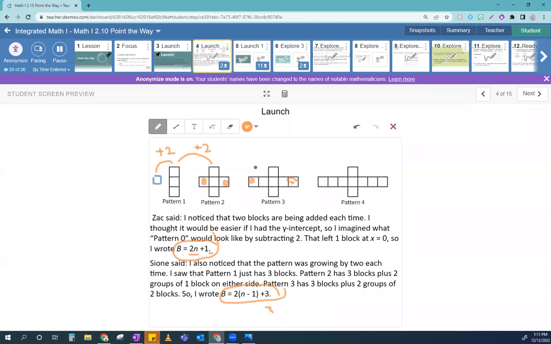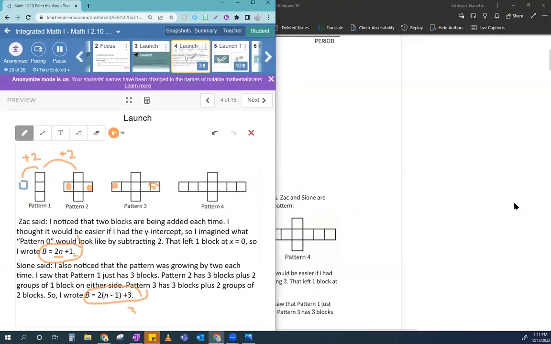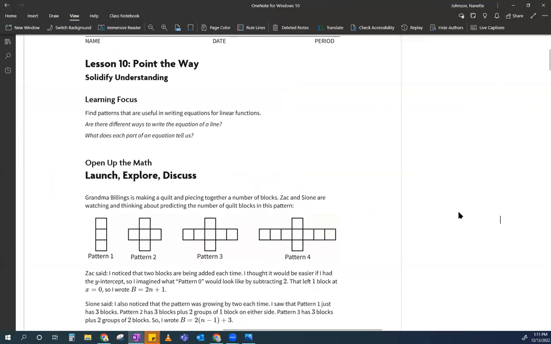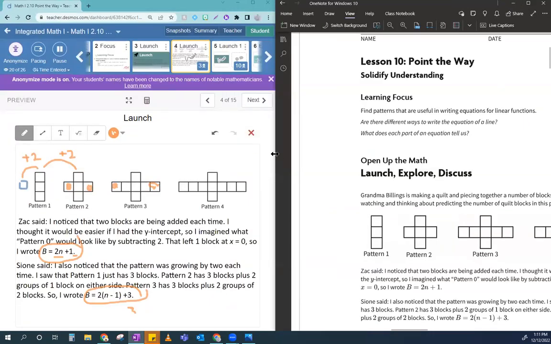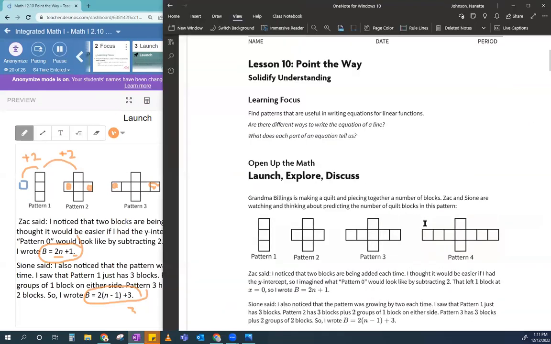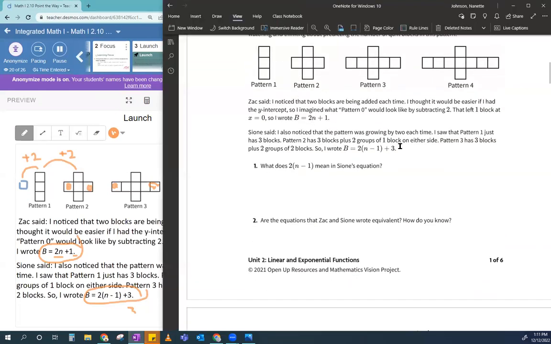Very good. So I'm going to simplify them, and I'm going to use my iPad because it's a little bit easier to do that. Okay. So I'm going to set these two equal to each other. I'm going to simplify this one to see if I can get it to look like this.